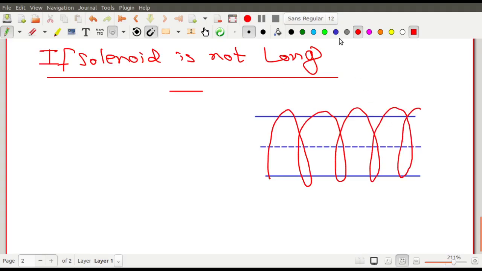More or less I have tried to draw. মোটামুটি চেষ্টা করেছি. And then over here I consider a small element dx at a distance x from one end of the solenoid. এখানে একটা dx element consider করলাম at a distance x from one end.